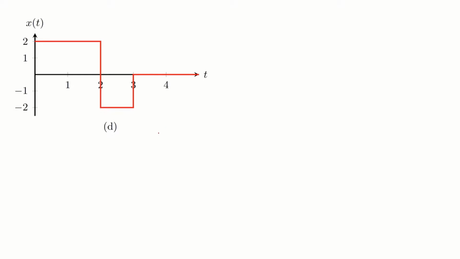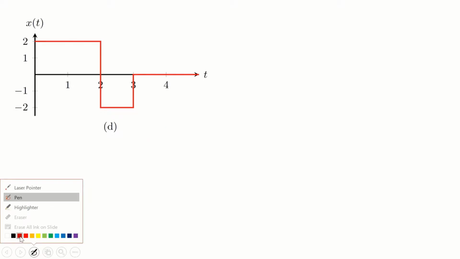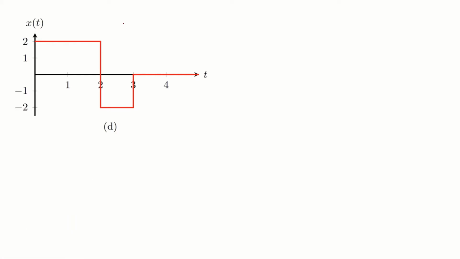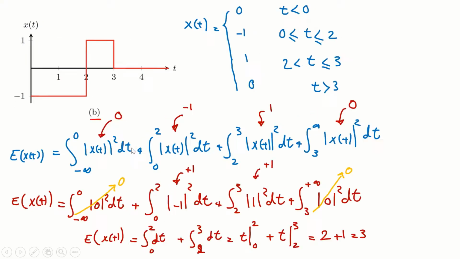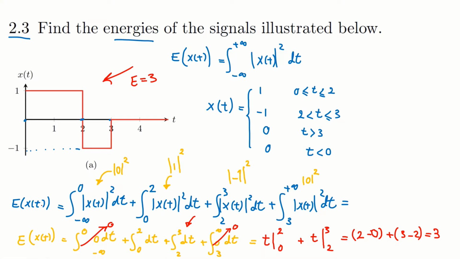And the last part here, we have an amplitude scaled version of the original signal. If you look at the original signal in part A, let's get back here, you see the amplitude of the signal is from -1 to 1.